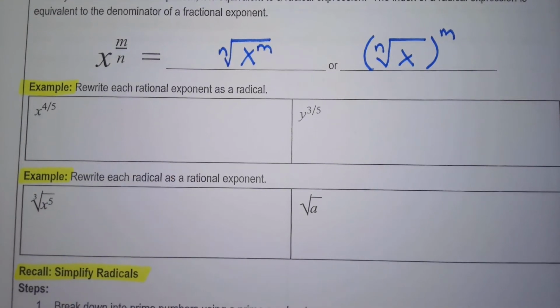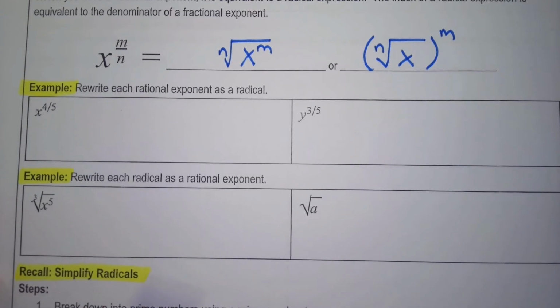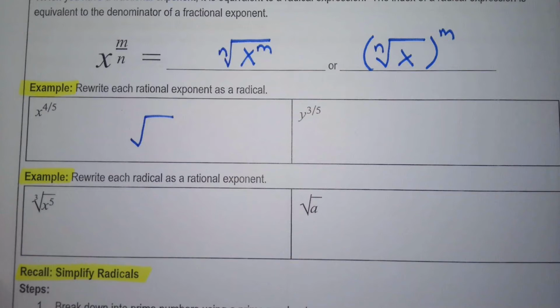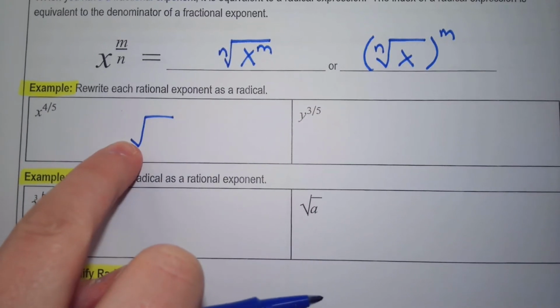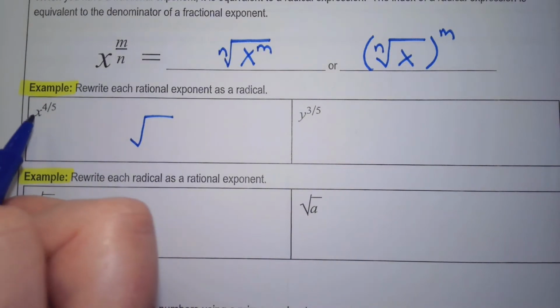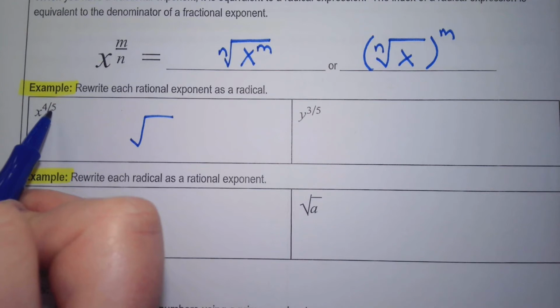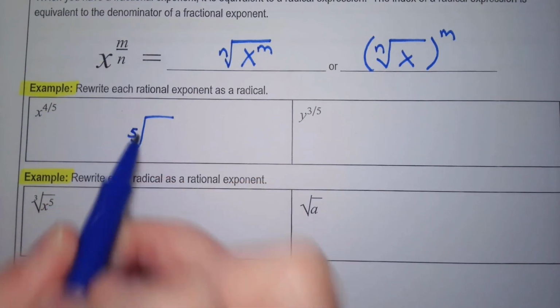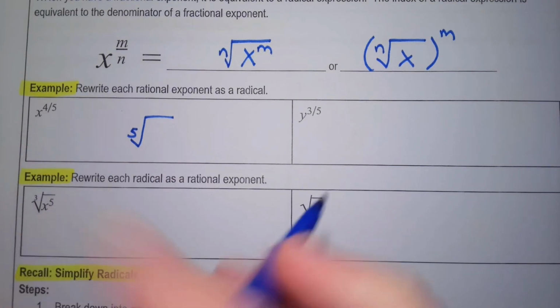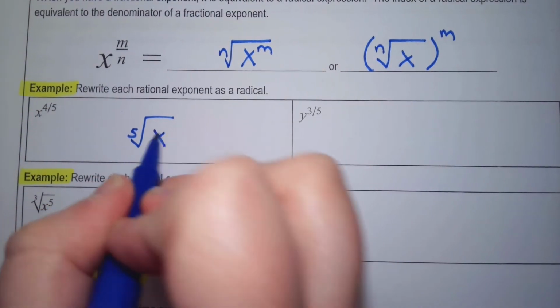These first two examples are going from rational exponent to a radical. So the first thing I always do is I write the radical first, and then I place the index number. Remember, the index number is the bottom of your fraction. So here we have x to the 4/5. 5 is in the bottom, so 5 is my index number. Then the base. My base is x, so it goes underneath.